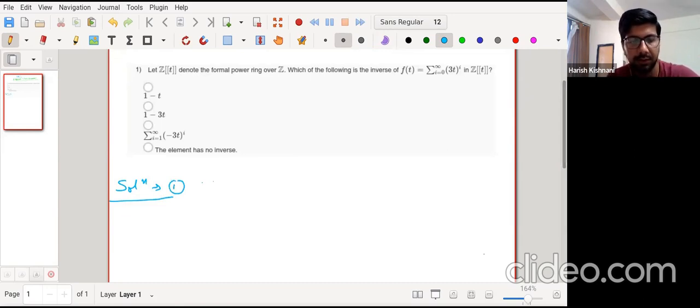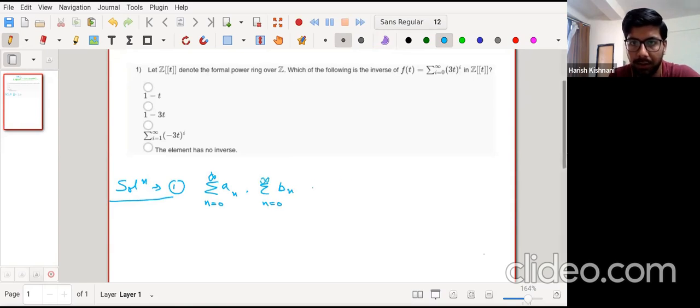Say, summation of a_n, n equal to 0 to infinity, multiplied with summation of b_n, n equal to 0 to infinity.